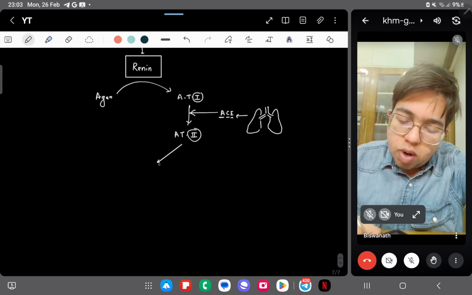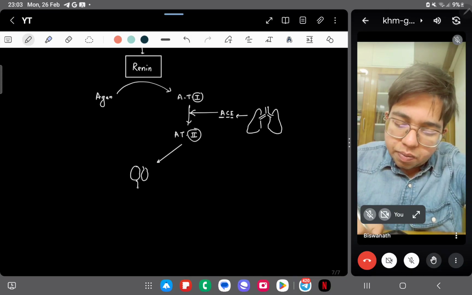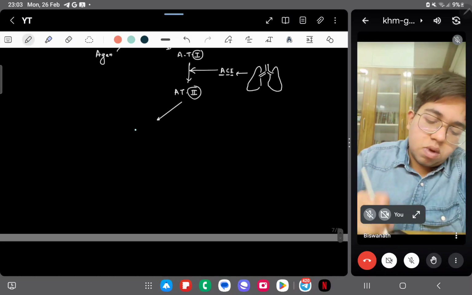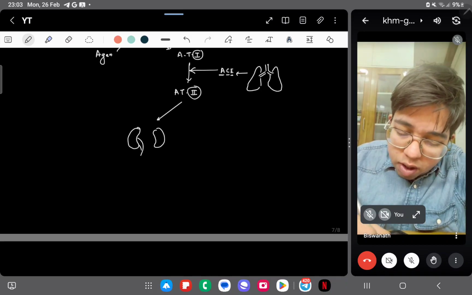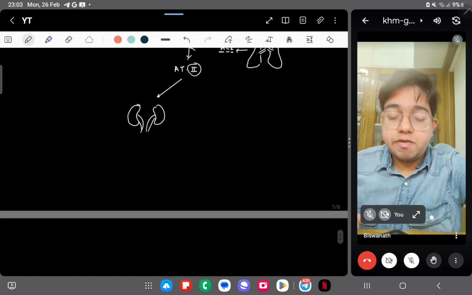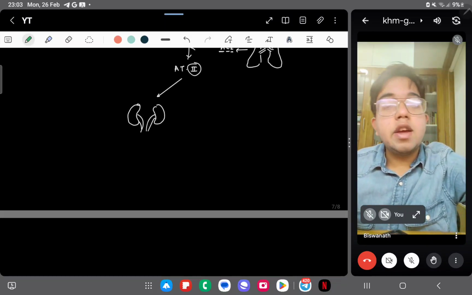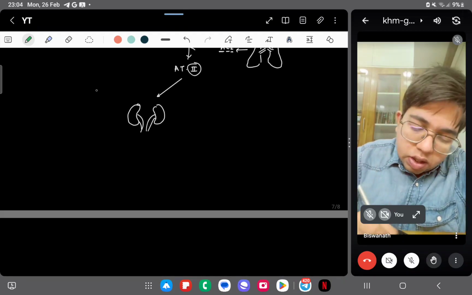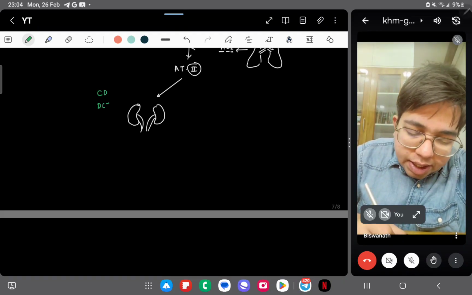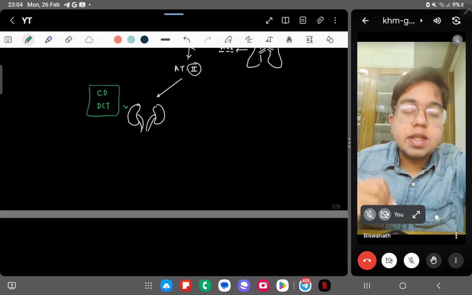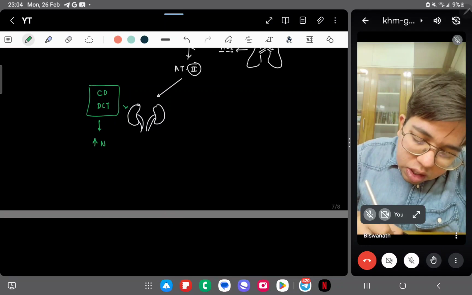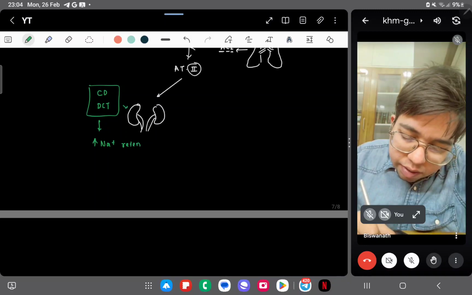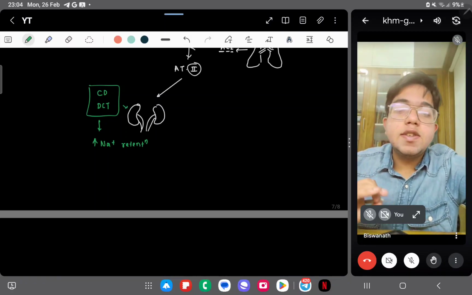One effect is on the kidney. I'm running out of time, so I don't want to draw a gross diagram of the kidney. It acts basically on the collecting duct as well as the DCT of the kidneys, and it increases sodium retention, or you can say it decreases sodium excretion.